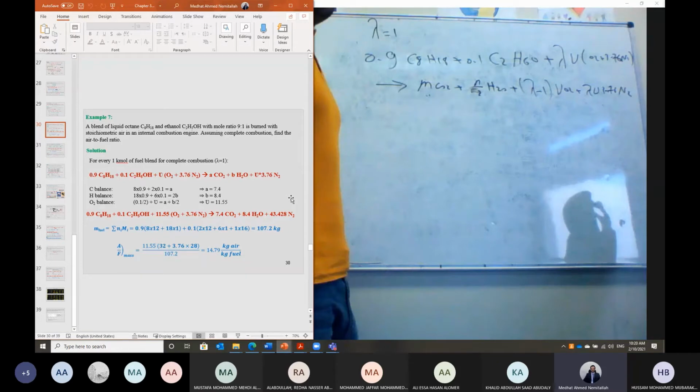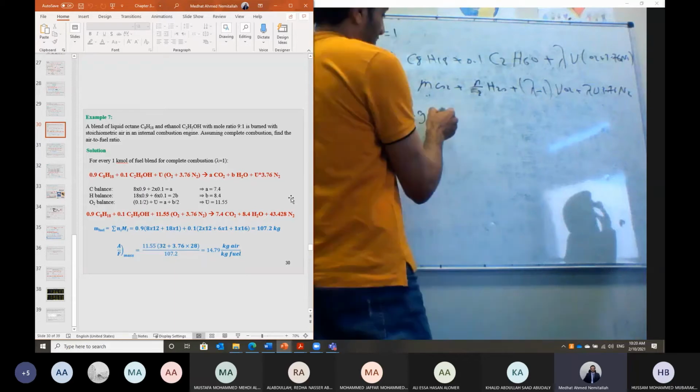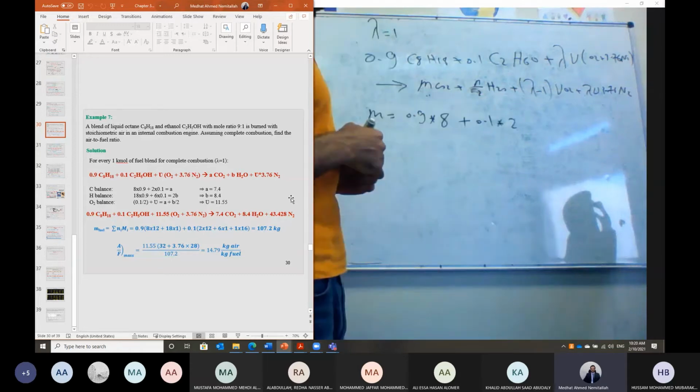So in this case, M will equal what for a mixture of hydrocarbons? M will equal 0.9 multiplied by the number of carbon atoms for the octane, which is 8, plus 0.1 multiplied by the number of carbon atoms in the other fuel, which is ethanol, which is 2 in this case.